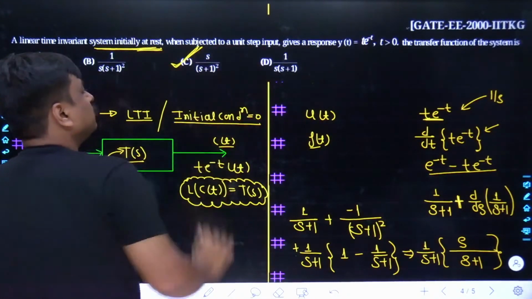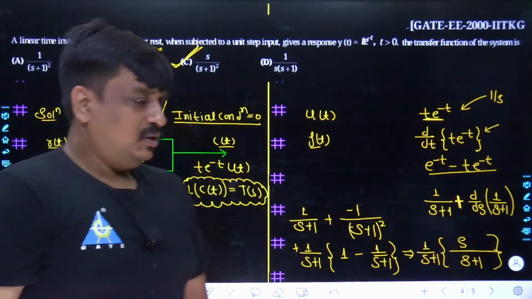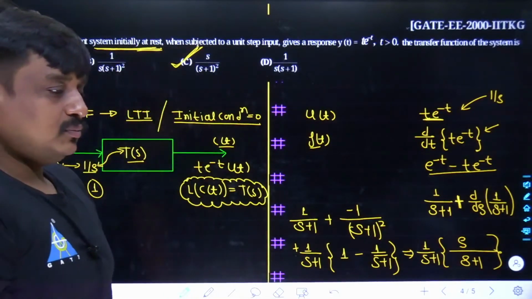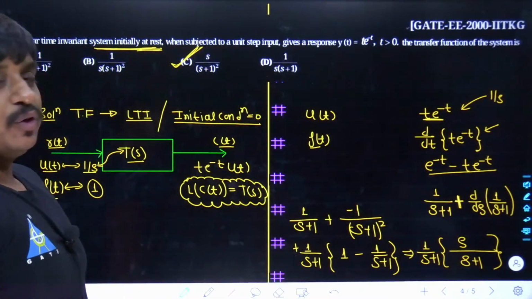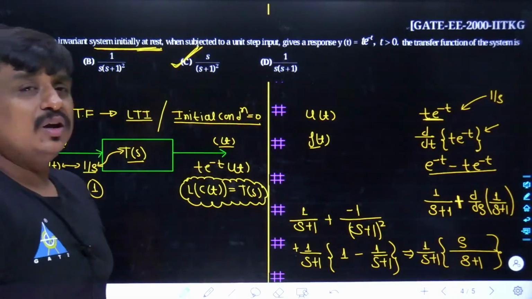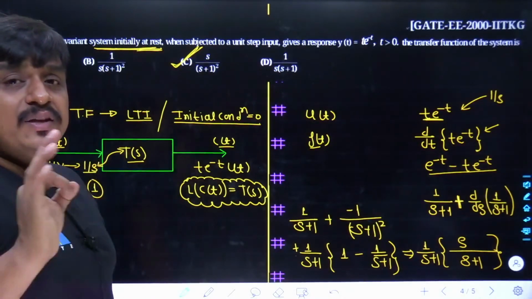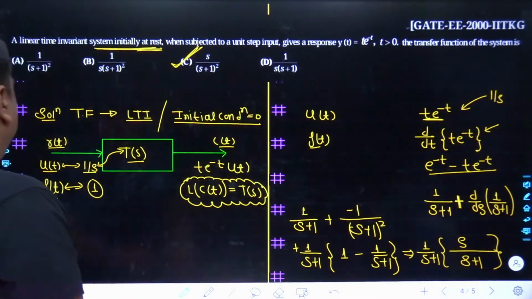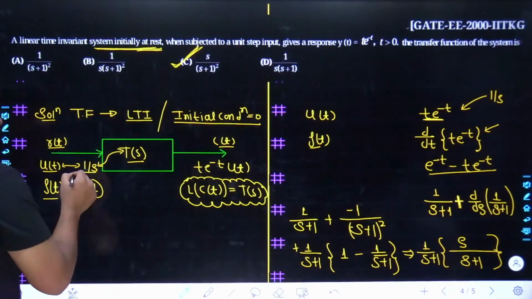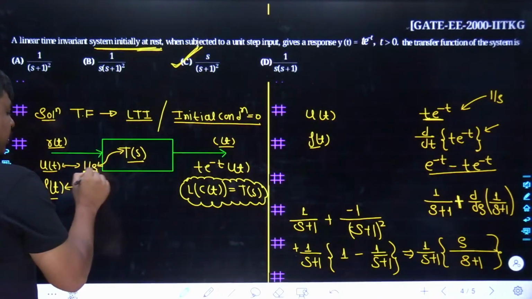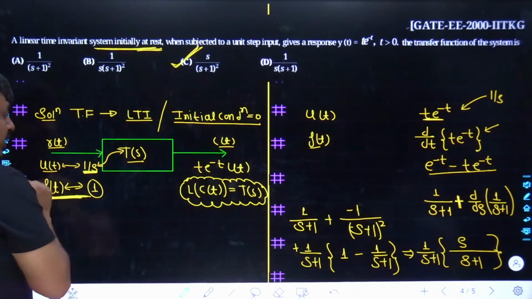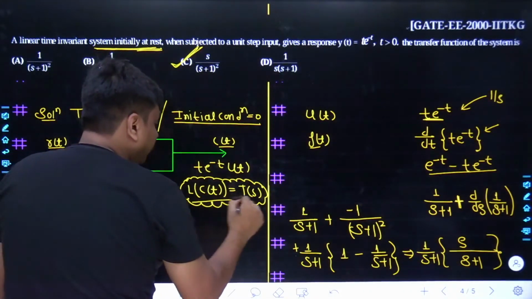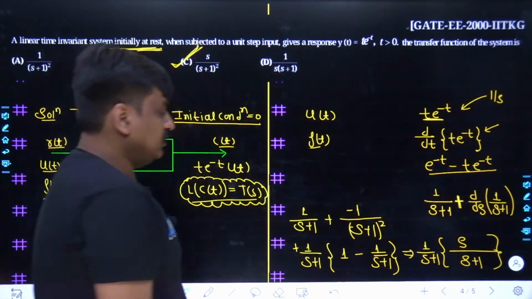I know many of the students made a mistake over here. So from here, the most important conclusion which we can retrieve is that if you know the output because of unit step, in that case the output because of unit impulse is simply going to be the differentiation in time domain.